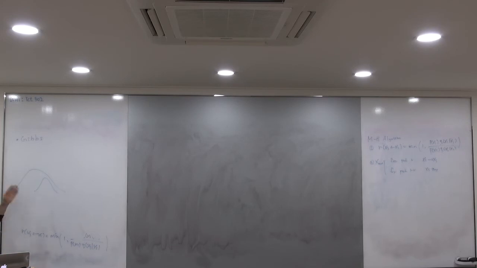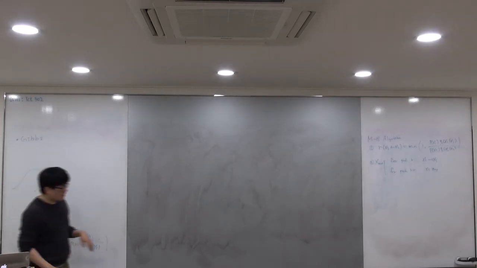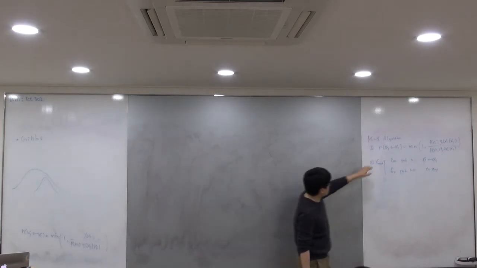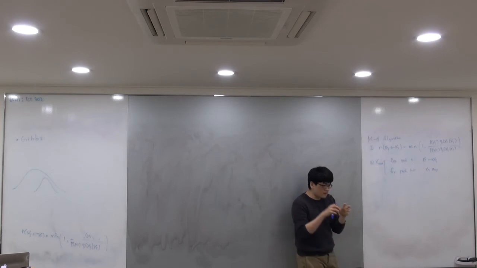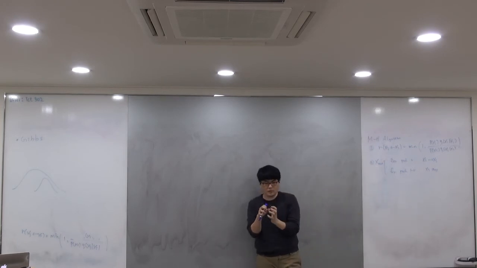If you have a higher dimension, almost always you will get a very small value of R, because density is concentrated on a very small volume in high dimension.